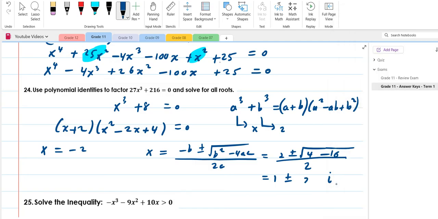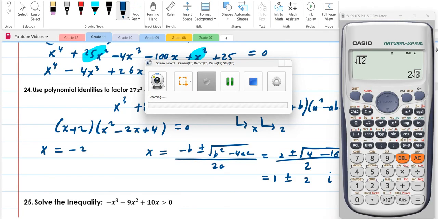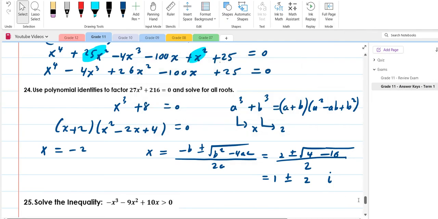So 2 root 3. Yes, it will be 2 root 3 over 2.